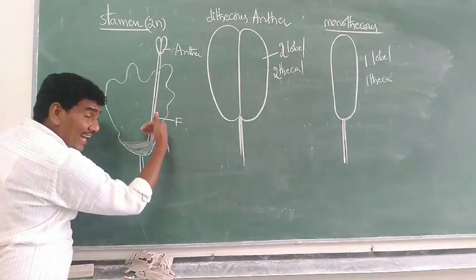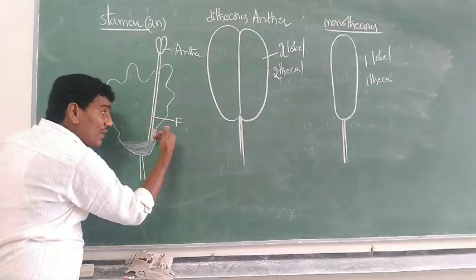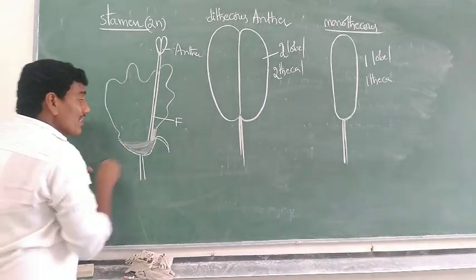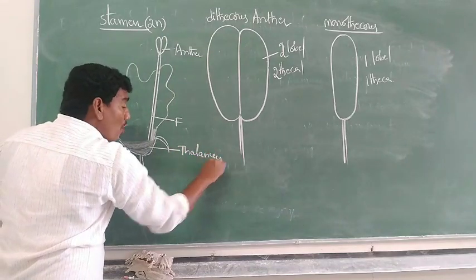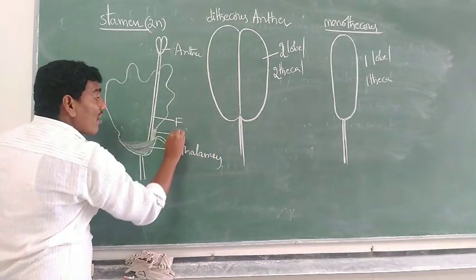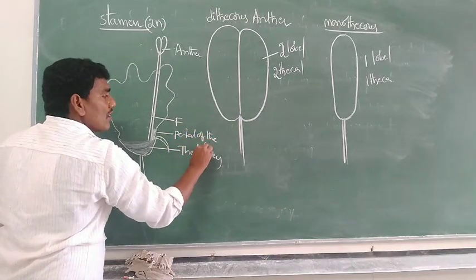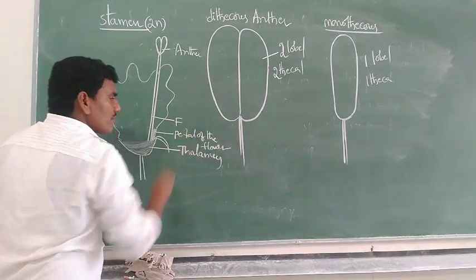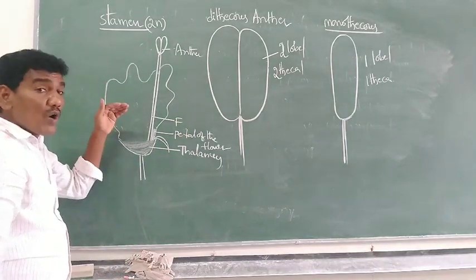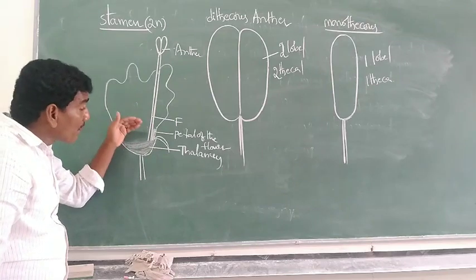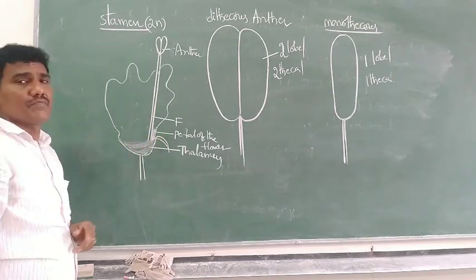The proximal end, or lower portion, of the filament is attached to the thalamus or petal of the flower.